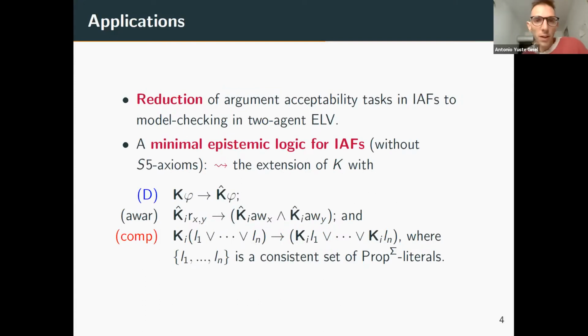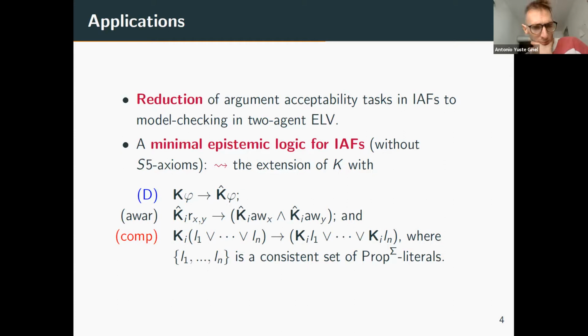We have strengthened these connections in two further directions. The first one was to reduce so-called argument acceptability problems in incomplete argumentation frameworks to model checking problems in a multi-agent version of the epistemic logic of visibility I just introduced. And the second one was to find the minimal epistemic logic for incomplete AFs.